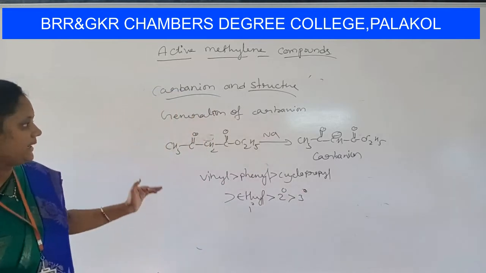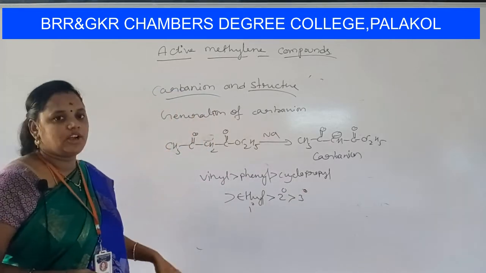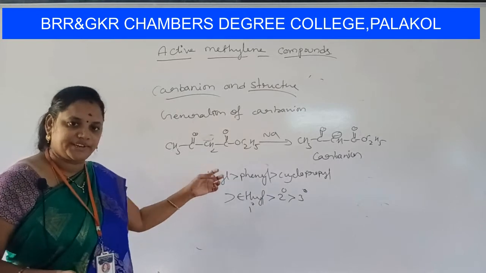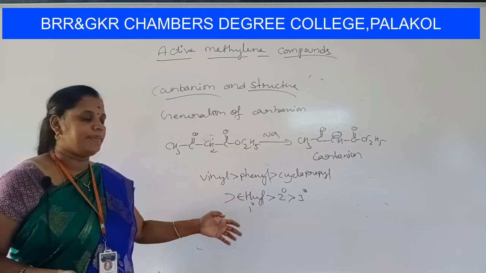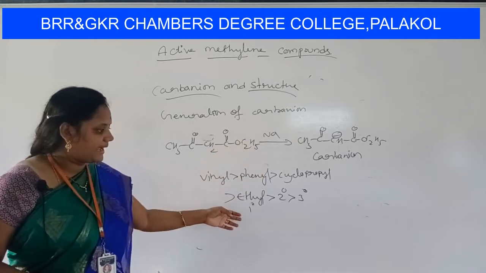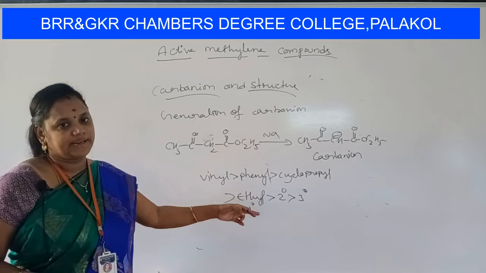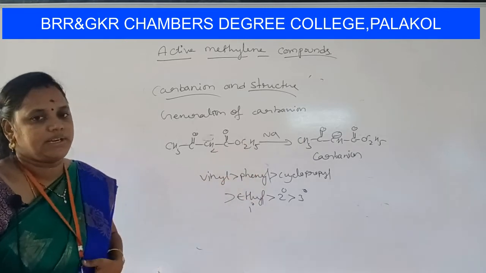If they ask you to write the carbanion stability order: vinyl carbanion is greater than phenyl carbanion, greater than cyclopropyl carbanion, greater than primary carbanion, greater than secondary carbanion, greater than tertiary carbanion.